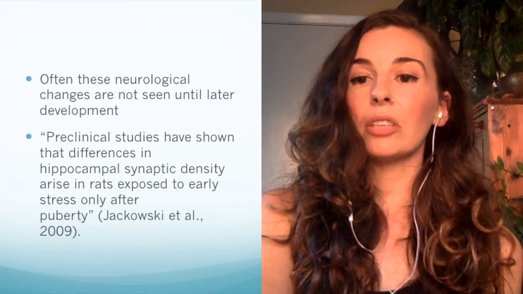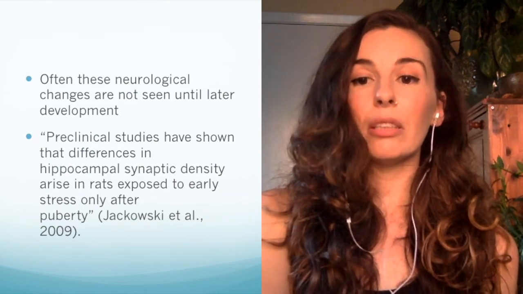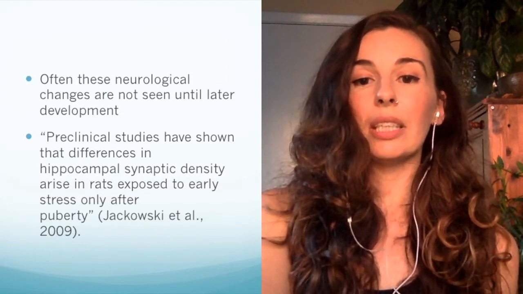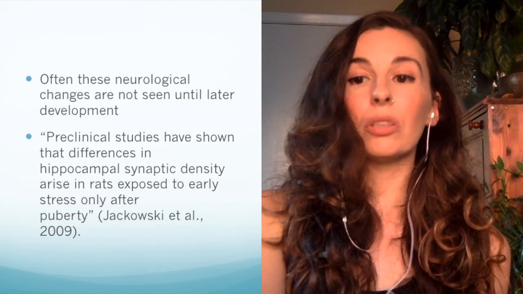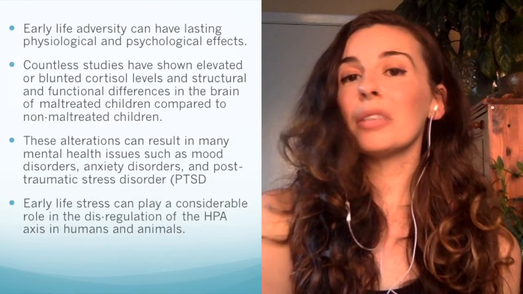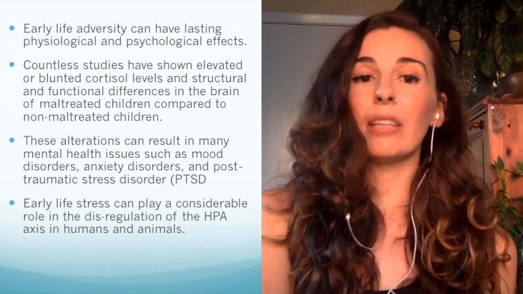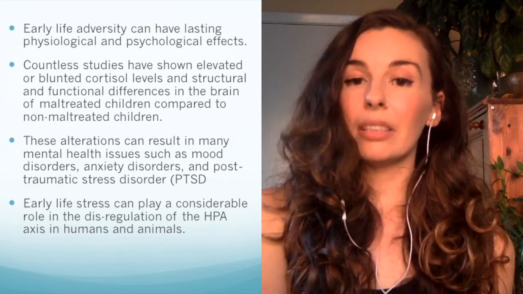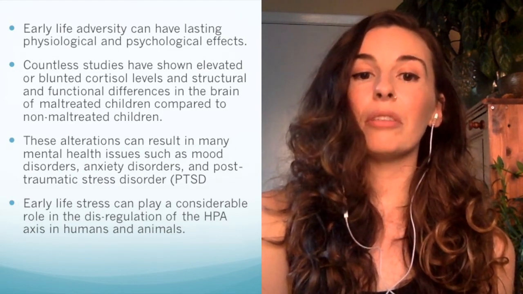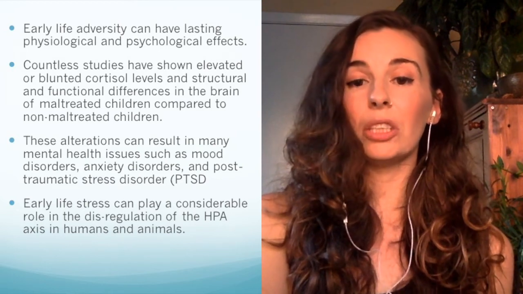Often these neurological changes are not seen until later development. For instance, preclinical studies have shown that differences in hippocampal synaptic density arise in rats exposed to early stress only after puberty. In closing, early life adversity can have lasting physiological and psychological effects. Countless studies have shown elevated or blunted cortisol levels and structural and functional differences in the brain of maltreated compared to non-maltreated children.